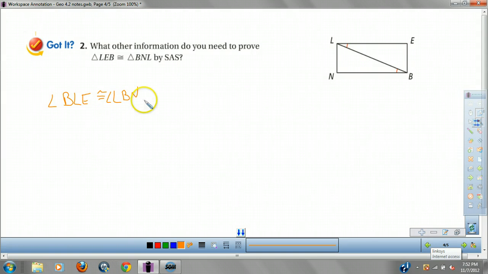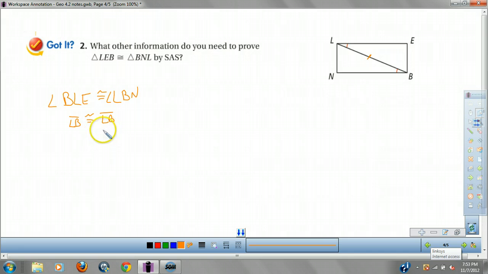So I have one angle. I'm going to need to get two sides. What do you know about this side right here? Don't we know LB is congruent to LB? Yeah, by reflexive. Careful, that one's going to come up a lot.